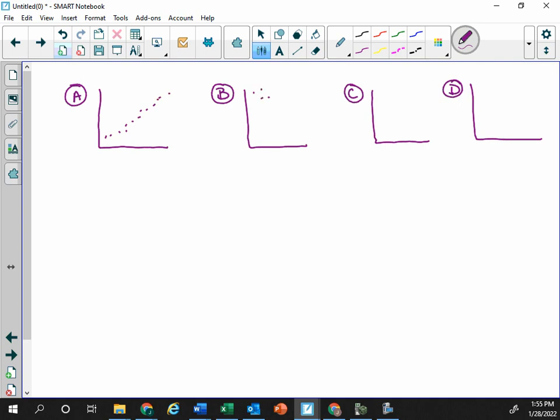I'm going to draw 4 different scatter plots for you. And then you get to match the R value.